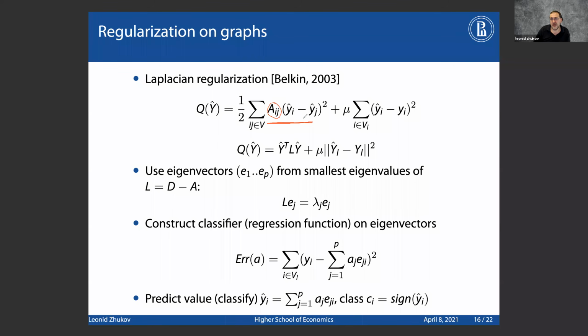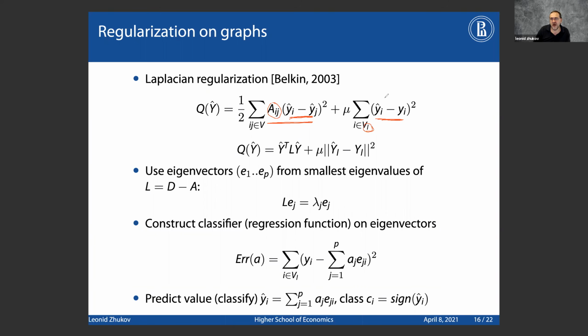Where the graph connects them, and we just make sure that the value of the function on the adjacent nodes doesn't change a lot. And here we are adding up all the values on the labeled nodes and just make sure that what we predict on the labeled node is not far from the actual value.